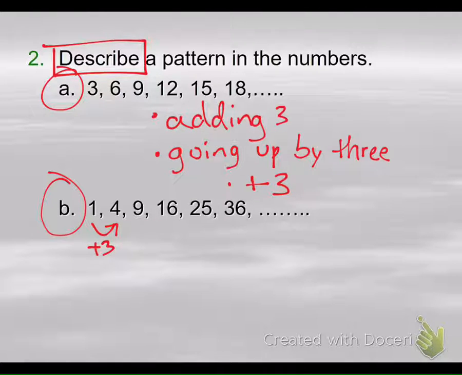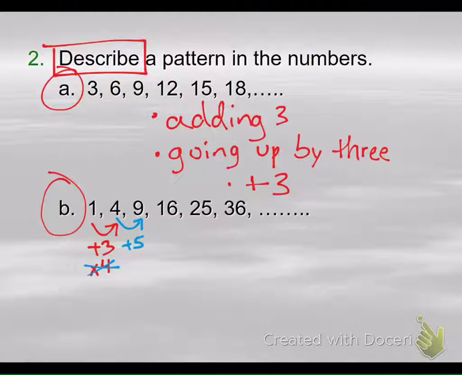Or you can multiply by 4, right? Okay. Now focus on the 4 and the 9. How could I go from 4 to 9? You could add 5. I don't think the multiplying is going to hold up here, right? That was a nice idea, but it's probably not going to be multiply.